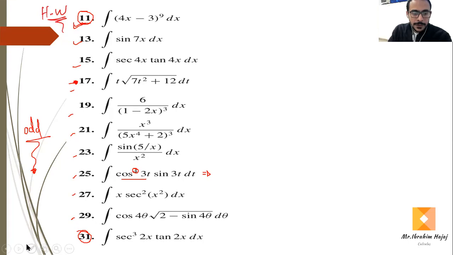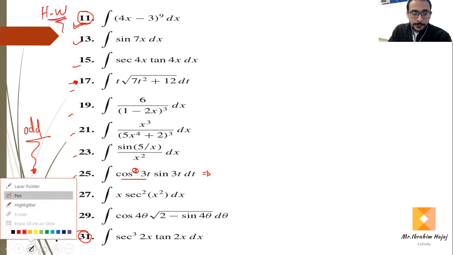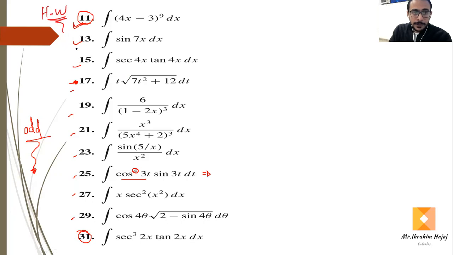I think that the first three questions here, 11, 13, 15, yes, we can use direct rules. Since the inner function x minus 3 is a linear function, we can simply find the answer by adding 1 to the exponent and dividing by the new exponent.